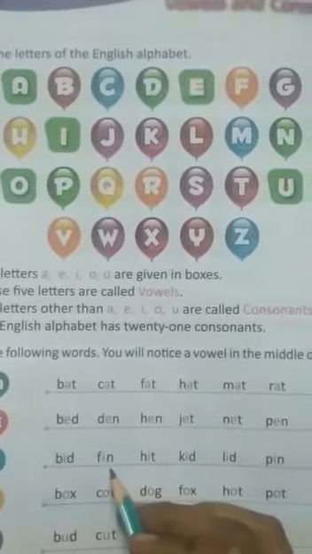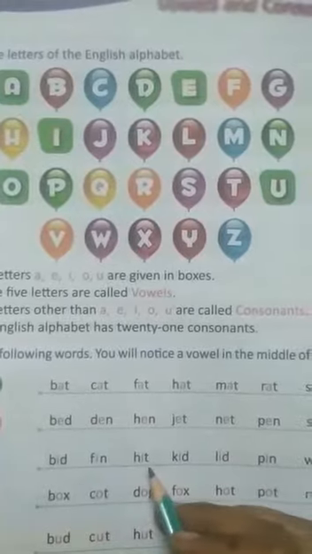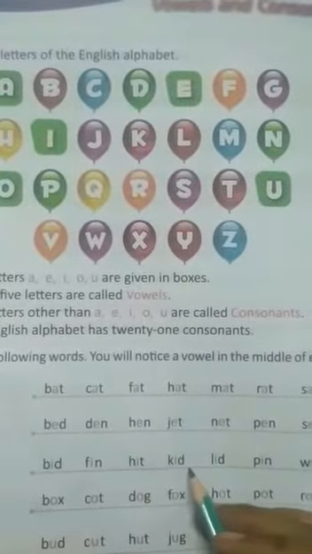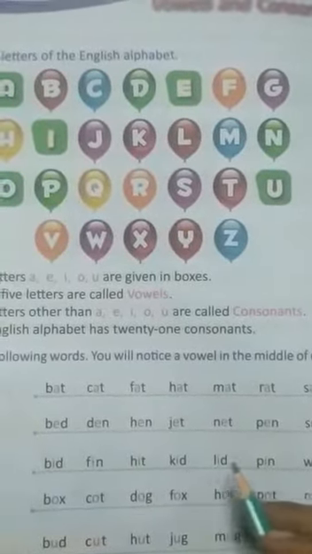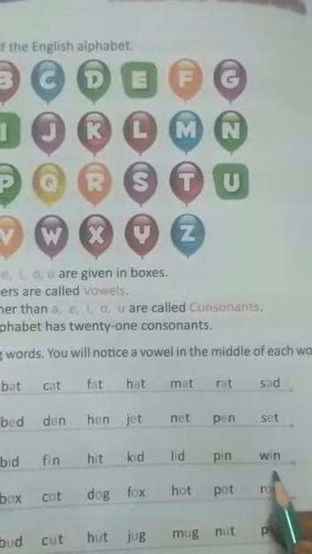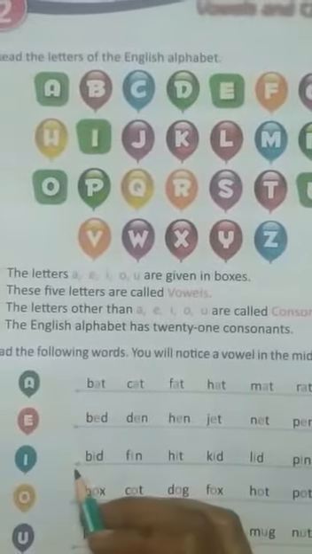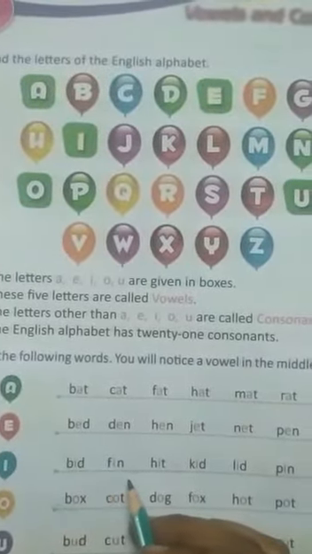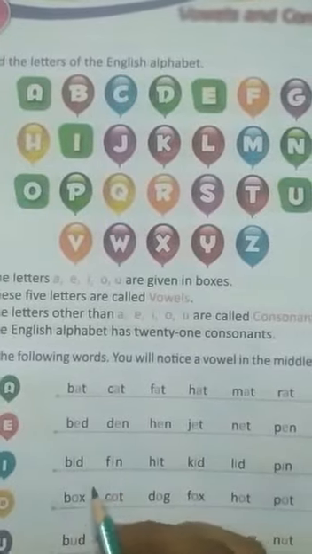F, I, N, fin. H, I, T, hit. K, I, D, kid. L, I, D, lid. P, I, N, pin. W, I, N, win. Here I vowel is used in the middle of the words.